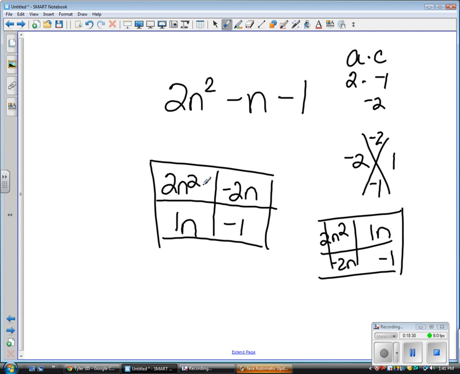Now, if they both have a negative, then you can factor out a negative number. Okay? But if one's positive and one negative, you can just pull out a positive. Okay? And then we'll deal with that negative in a minute if only one of them contains that negative.